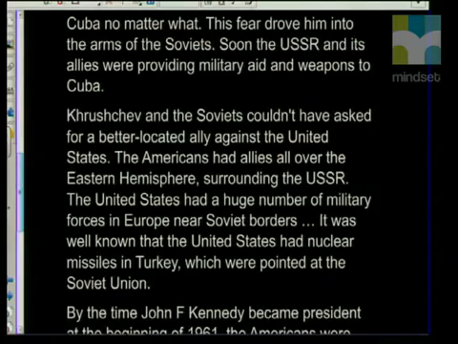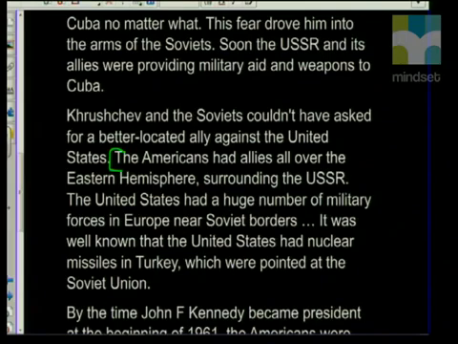And then it goes on to say that the Americans had allies. I'm reading from this part because, again, we don't have time to read the entire source. The Americans had allies all over the Eastern Hemisphere surrounding the USSR. The United States had a huge number of military forces in Europe near the Soviet borders. So obviously that would have threatened the Soviet Union.